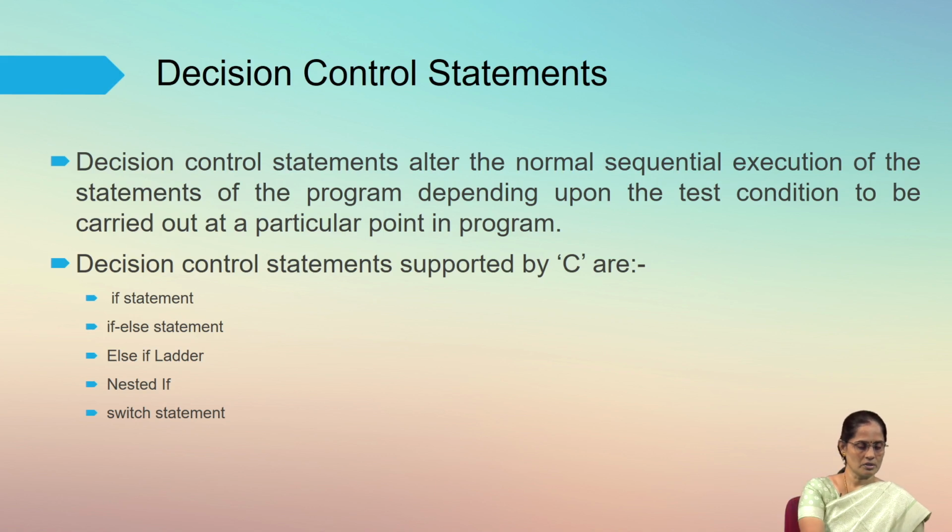The list of decision control statements are the if statement, the if else statement, the else if ladder, the nested if statement and the switch statement. These are the 5 categories of decision control statements. We will be learning each statement in detail.